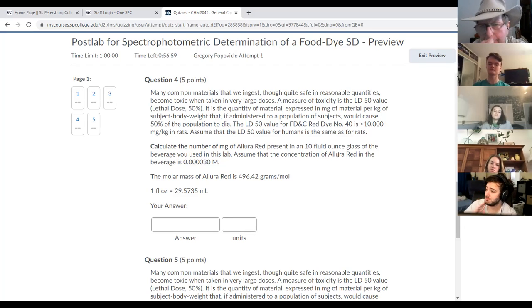All right. You're using 10,000 milligrams per kilogram in rats, and you're assuming that, let's see what else you're doing.